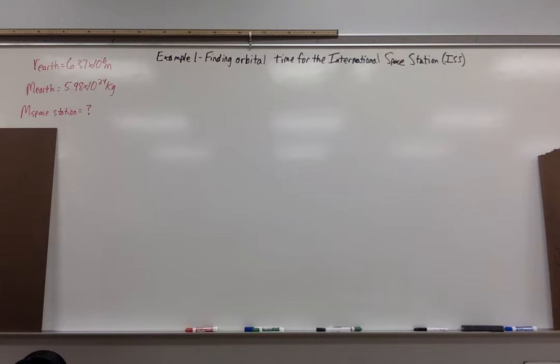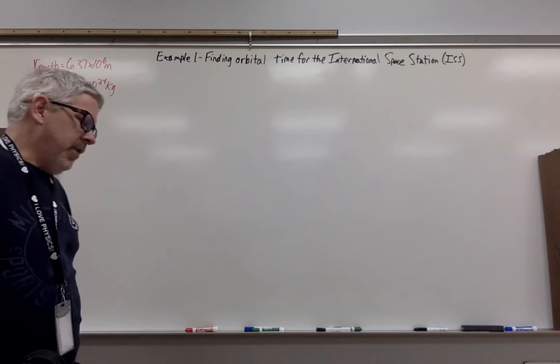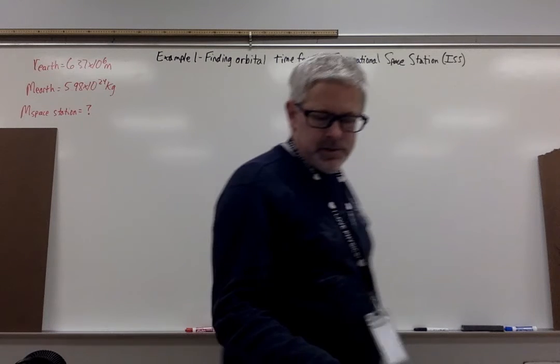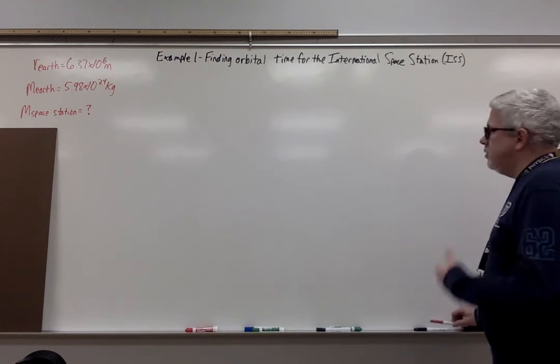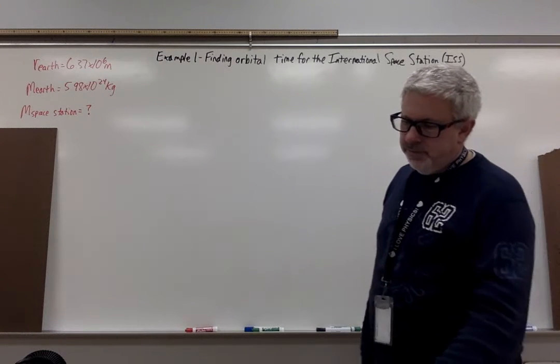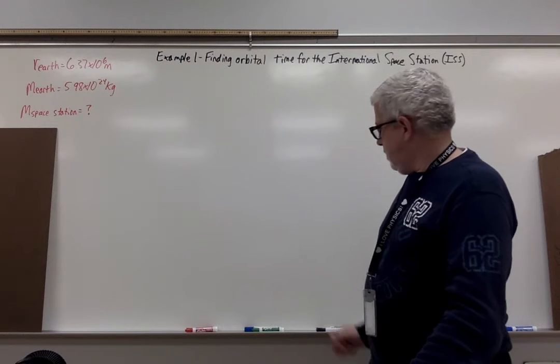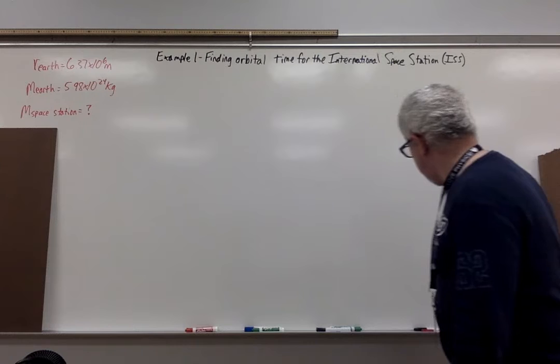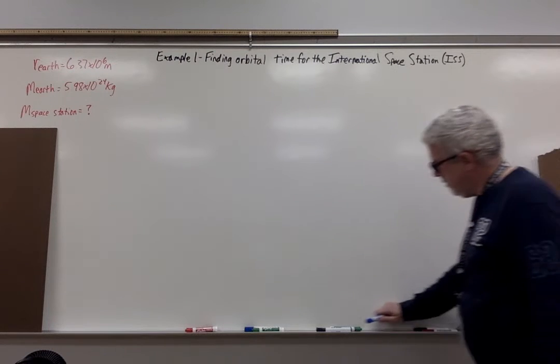So the Earth is around 7,500-ish miles in diameter. I don't know the mass of the space station, so I'm going to put that as a question mark. If I have to use a variable, I'll put it as m. My hope and my bet is, if I need to, it'll cancel out. So one thing I do need to know is the height at which the International Space Station orbits above the surface of the Earth.